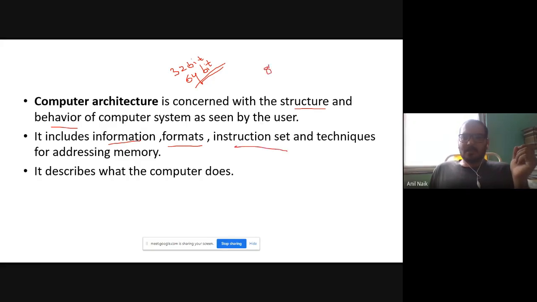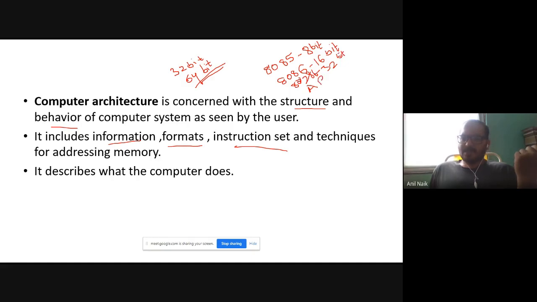Like the 8085, that is an 8-bit processor, so its architecture is different from the 8086 processor. How many bits is that? It's a 16-bit processor, so the 16-bit processor architecture is different. Similarly, 80286, 386, 486, that you know. So each processor has a different architecture.